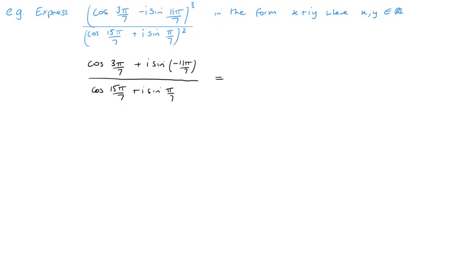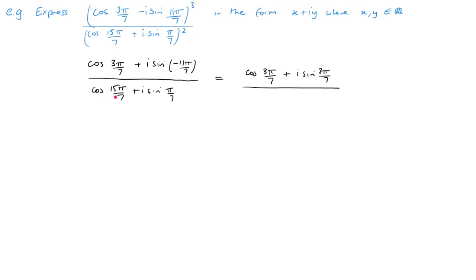Now we want our angles between minus pi and plus pi. This one isn't, so if I add 2 pi to it, I get cos 3 pi by 7 plus I sine 3 pi by 7. And then the same with this bottom one.